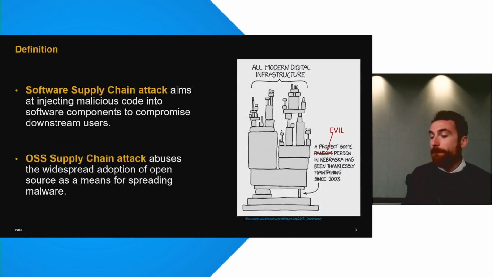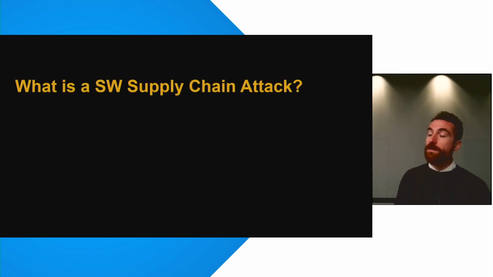So what do we intend as a software supply chain attack? We intend those attacks that aim at injecting malicious code into software components with the aim of spreading malware and compromising downstream users. In the specific instance of open source software supply chain attacks, these leverage the widespread adoption of open source software along the whole technology stack. But we wanted to understand how these attacks are characterized.